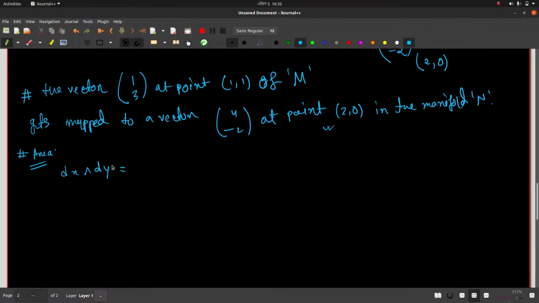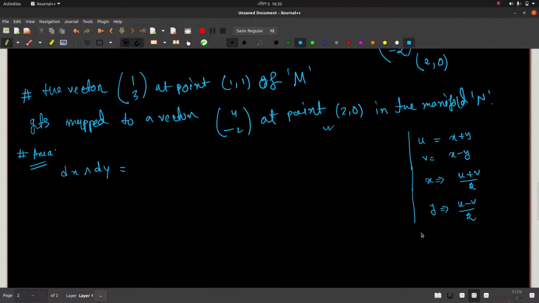And even if you do any elementary calculation, that is, you write u as x plus y and v as x minus y, and you solve for x and y, you will find that x is given by u plus v divided by 2, and y will be given by u minus v divided by 2, right? So dx is given by 1/2 of du plus dv, and dy is given by 1/2 of du minus dv.